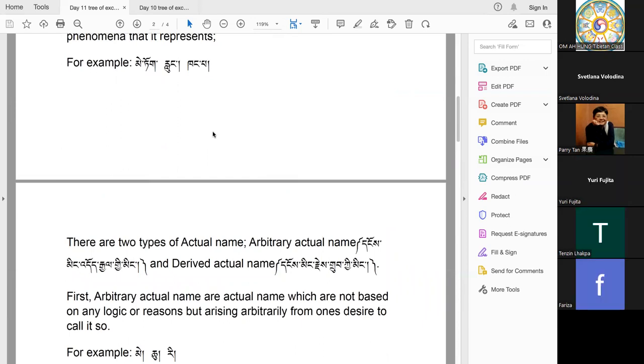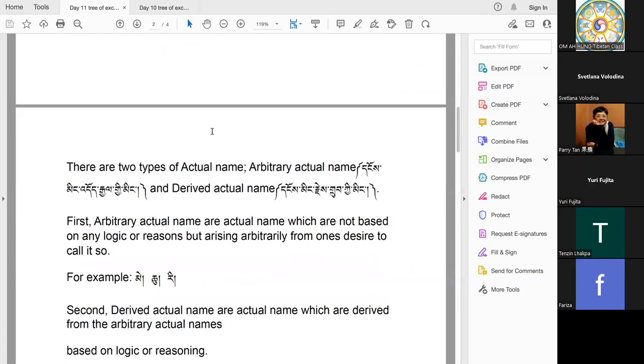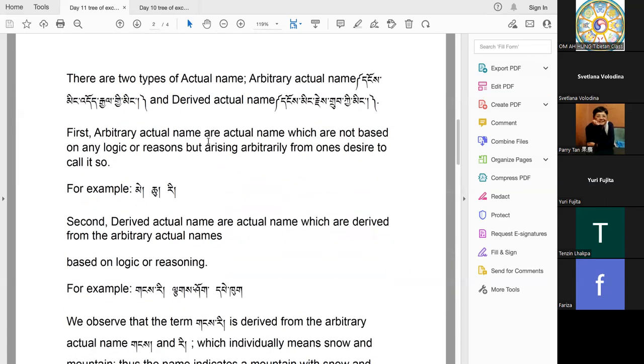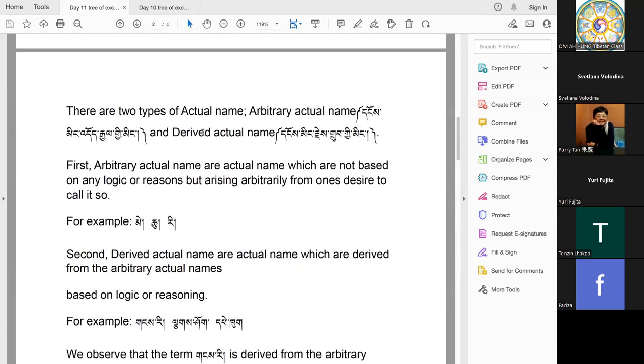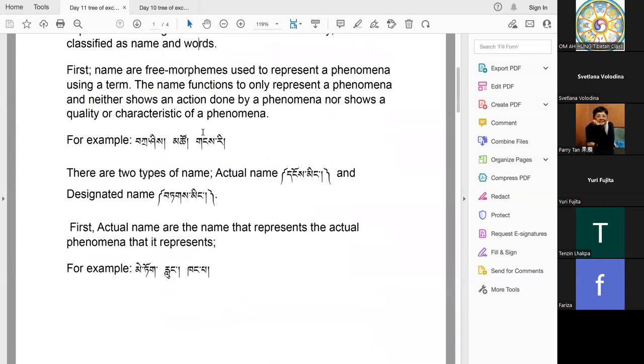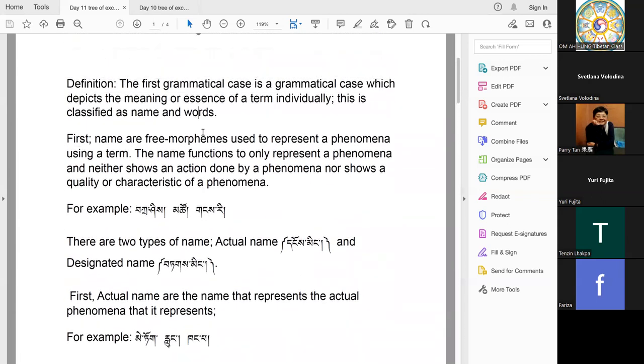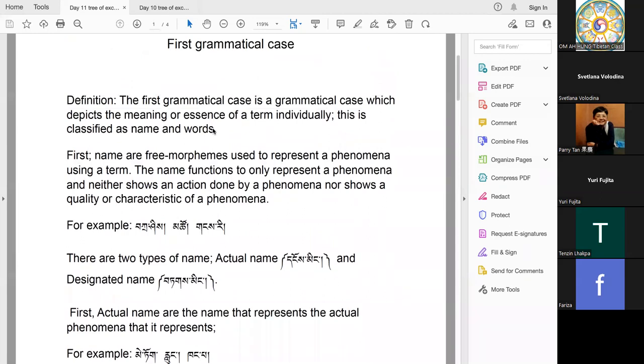Yes. I have a very small question. I don't understand what is bus. Which one? I didn't understand the word. What did you say? Your question is regarding which word? Sorry, I couldn't hear.